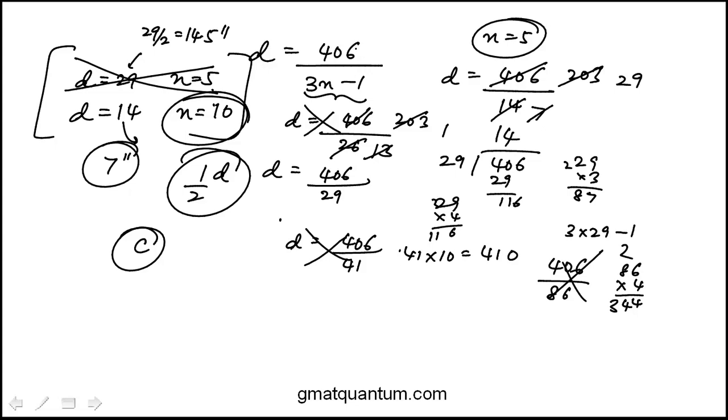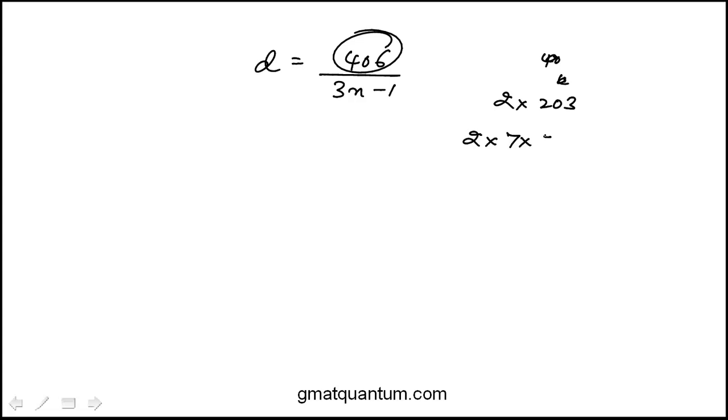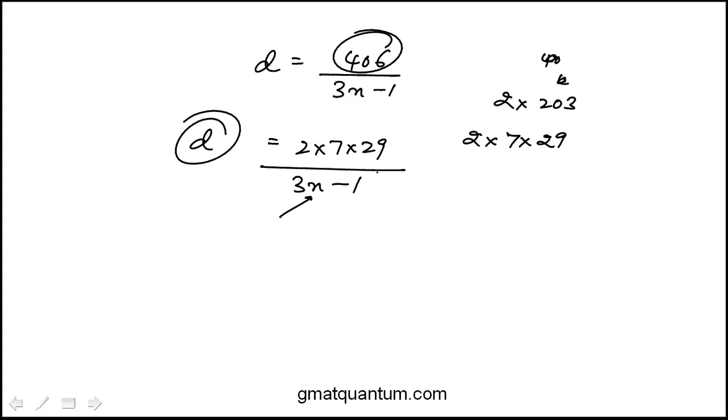Now, I do want to show you another way that you could guess the values of n. That has to do with factoring 406. So 406 is 2 times 203. And then you have to figure out that, yes, this is divisible by 7. Again, that's some work. And now we're looking for integer values for d. N also is constrained to be an integer.